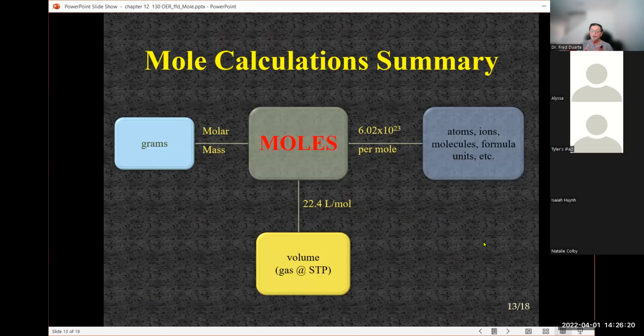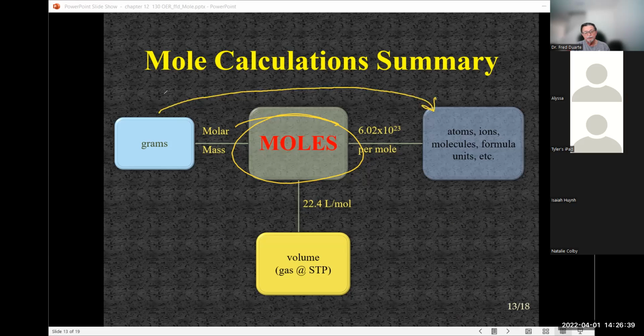All right. This flow chart breaks it down. We're going to have another flow chart, but this is for the topics that we just finished talking about. Notice here that the key is moles. You cannot go from grams to atoms or vice versa without going through moles, nor can you go from grams to volume without going through moles.